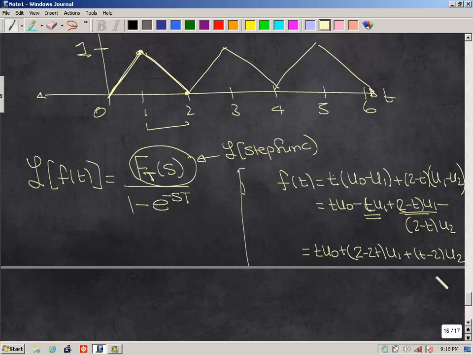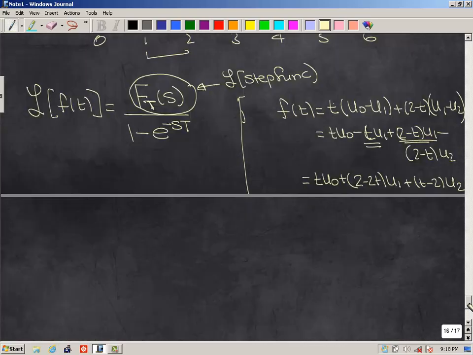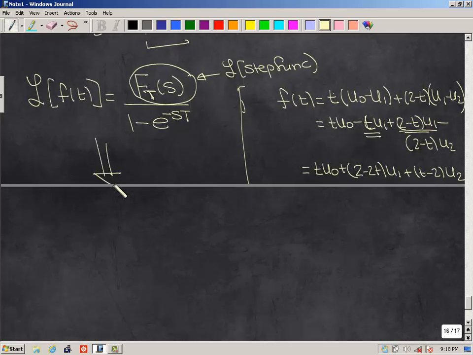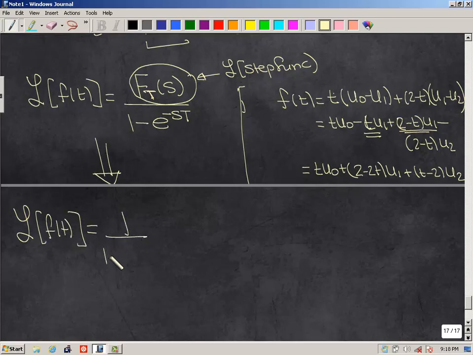Okay, so now to be able to do this, what do I need to do? To take the Laplace of this, I get Laplace of little f of t is equal to 1 over 1 minus e to the negative 2s, where capital T is 2, times the Laplace of this f of t.